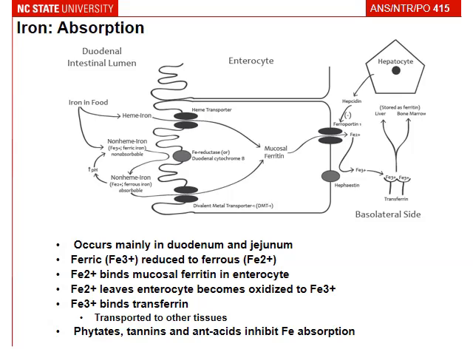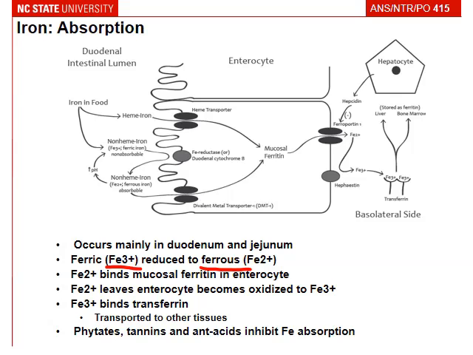Now, one of the main things that's going to affect the bioavailability of iron within your food is determining which type of iron you have. So all ferric iron, this Fe3+, needs to be reduced to ferrous. The oxidized ferric needs to be reduced to ferrous, and only ferrous is able to be absorbed.